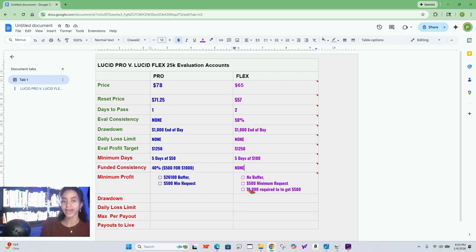So that means you have to have at least $1,000 in your account anyhow before you can even make a payout. So basically, over here in the Pro, you have to make at least $1,100 in your account before you can request a payout. And here in the Flex, you have to make at least $1,000 in your account before you can request any payout. So there's really not that much difference there.